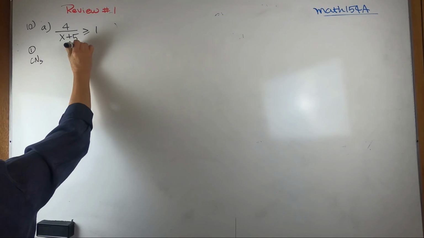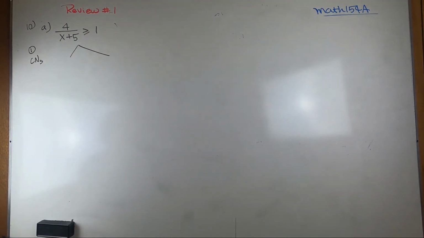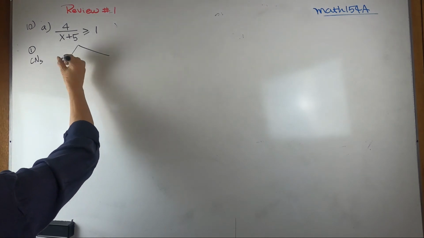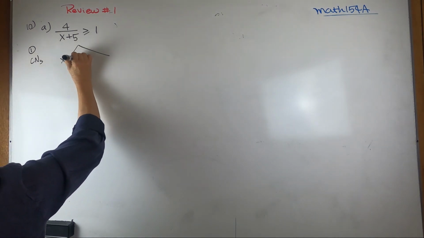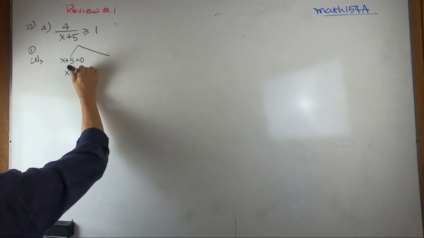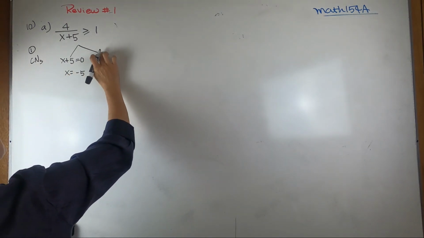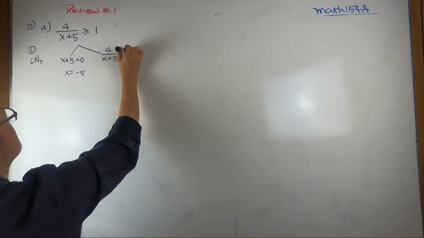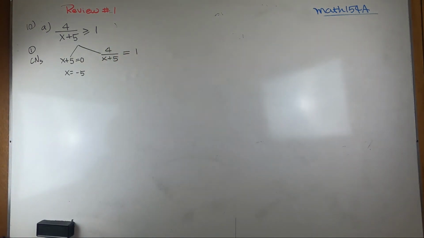Find the critical numbers, right? So critical numbers for rational equations is denominator cannot be 0. So that will be the critical numbers is -5.